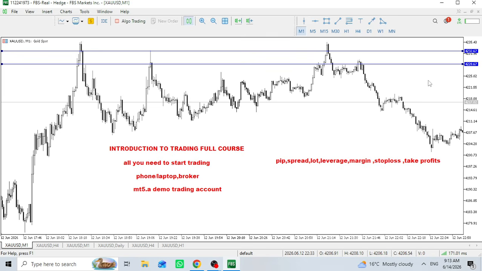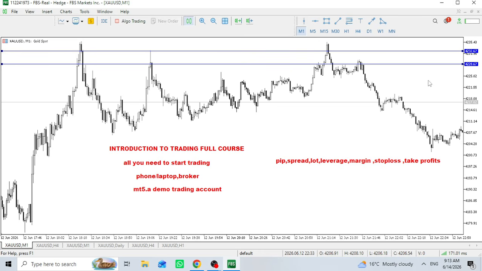If a broker is offering 1:300 and you have $10, you can't trade gold. But if you have $10 and a broker is offering a leverage of 1:3,000 or 2,000, you can trade gold with $10.